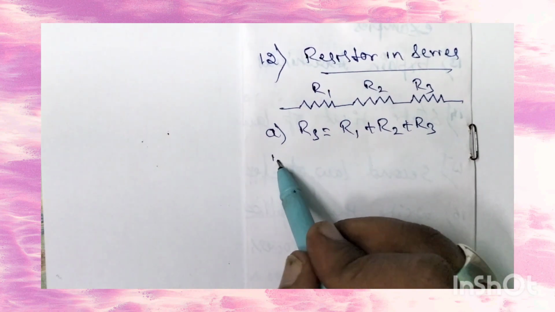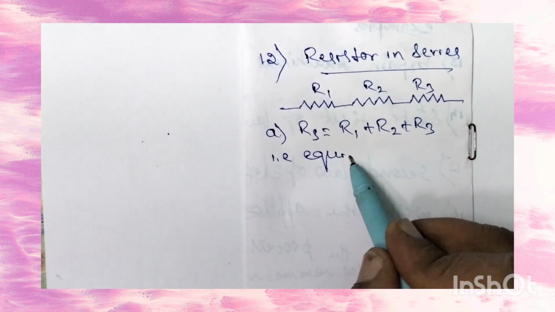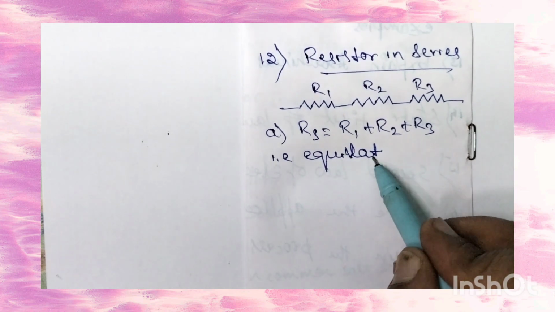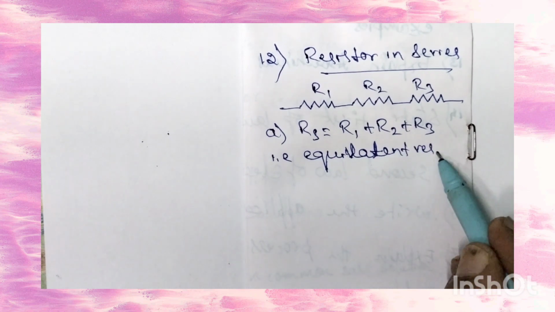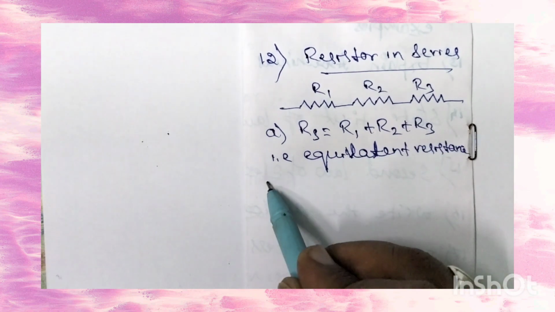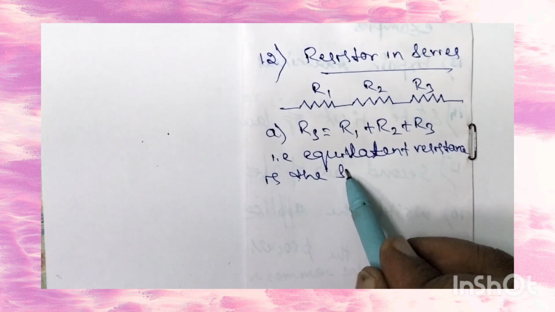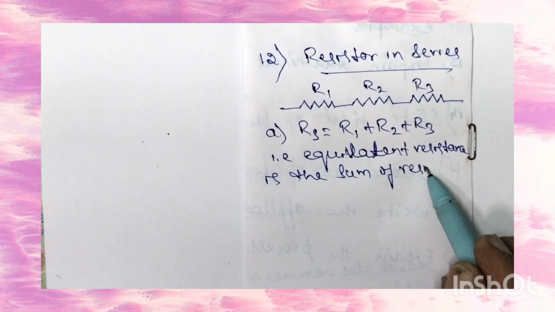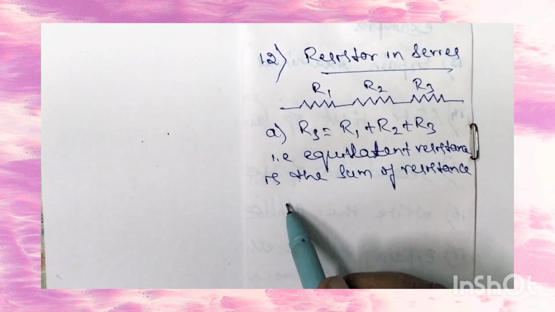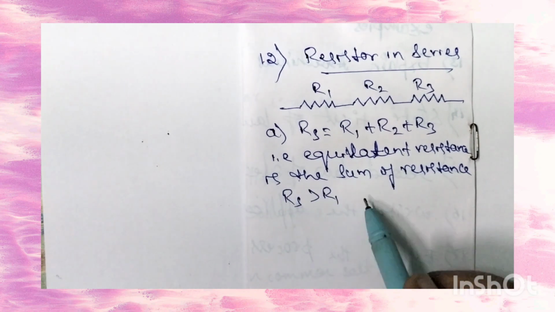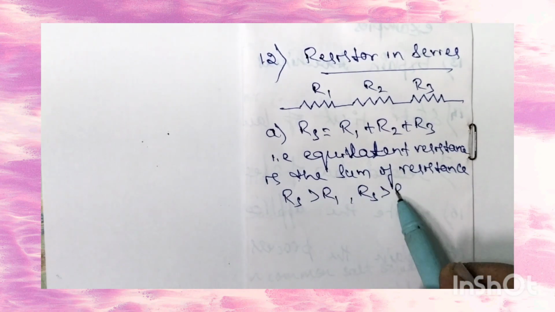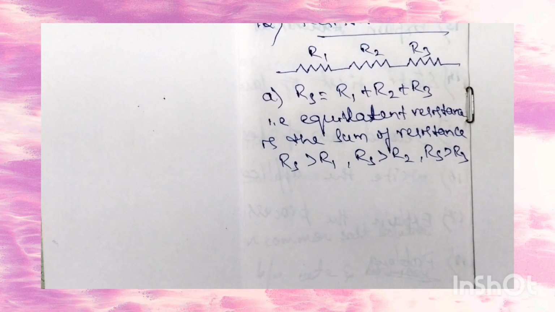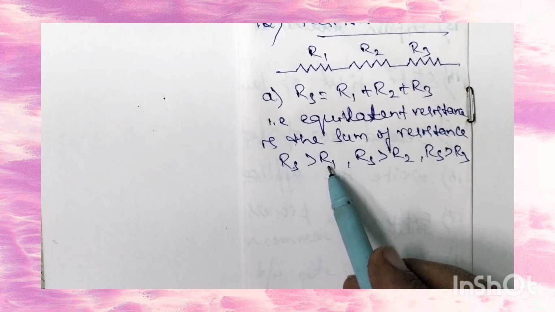That means the equivalent resistance is the sum of the resistances. That means Rs is greater than R1, Rs is greater than R2, and Rs is greater than R3. So the equivalent resistance is greater than the individual resistance.